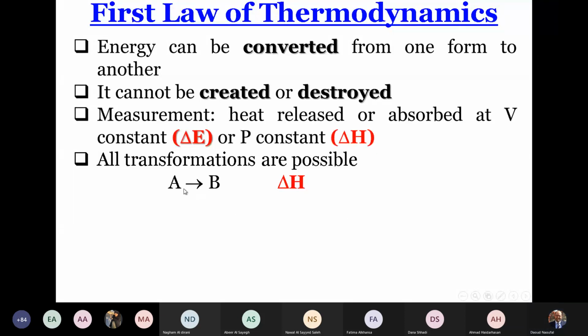Example: we have a reaction from A to B that has a value delta H. In the first law of thermodynamics, we inverse the direction of the reaction and we put minus delta H. So we suppose by this way that the reaction from B to A is also possible, and the reaction from A to B is possible.